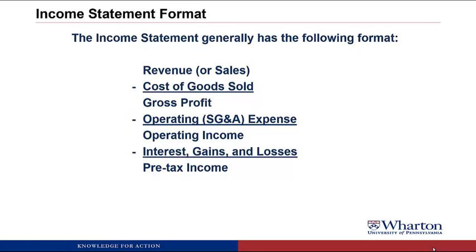Gains or losses we haven't talked about yet, but they're like revenues or expenses except they don't come from your core business. For example, if Relic Spotter sold their building and had a gain, we would put that gain here because they're not in the business of selling buildings. After you make those adjustments, you get pre-tax income. Then you subtract income tax expense to give you bottom line net income, which is also called earnings or net profit.